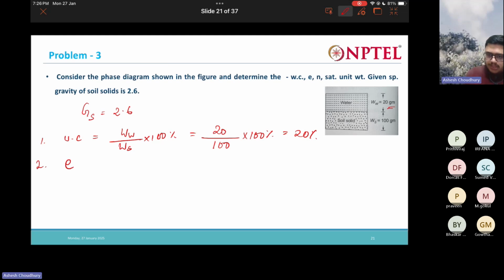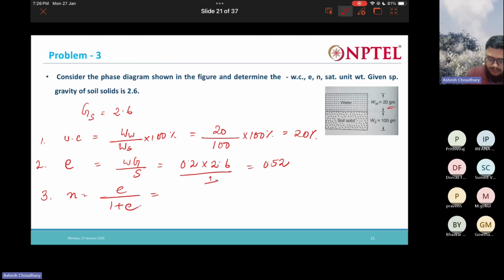Then we have void ratio. What is void ratio? Wg by S. 0.2 into 2.6 by 1, 0.52. Correct. Porosity, just use the relation between porosity and void ratio. You get 0.34.